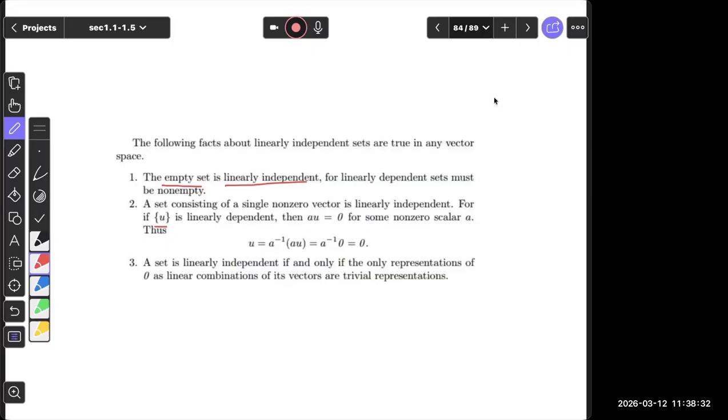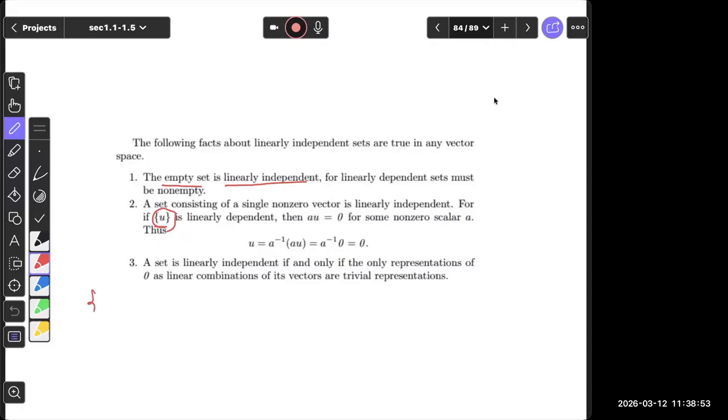As I said, if your set consists of a single vector, then if the vector is 0, dependent; non-zero, independent.